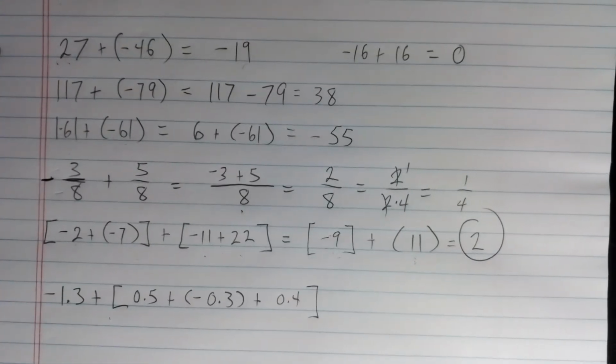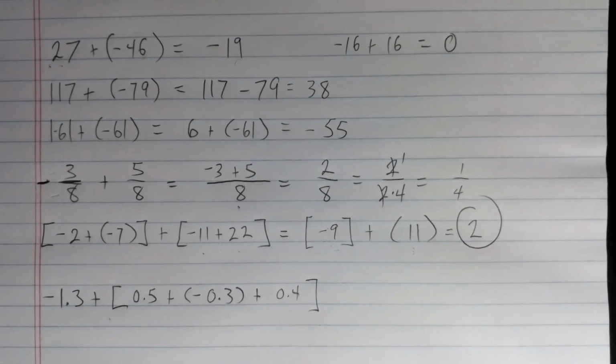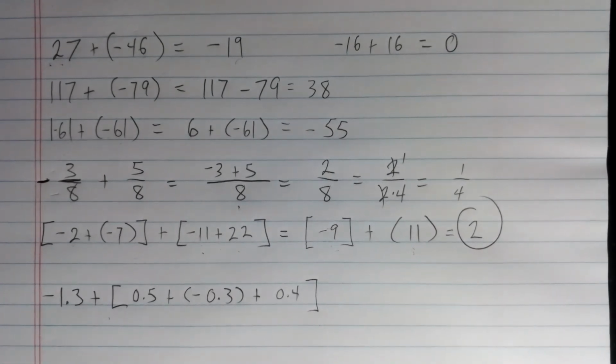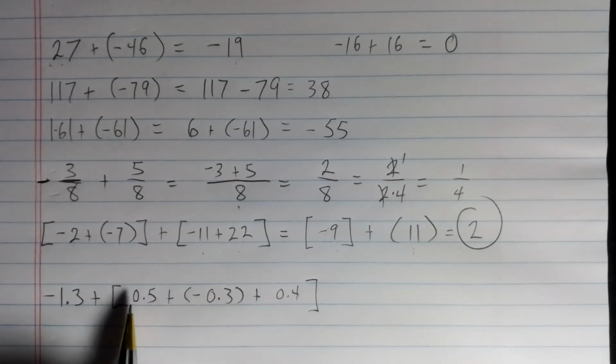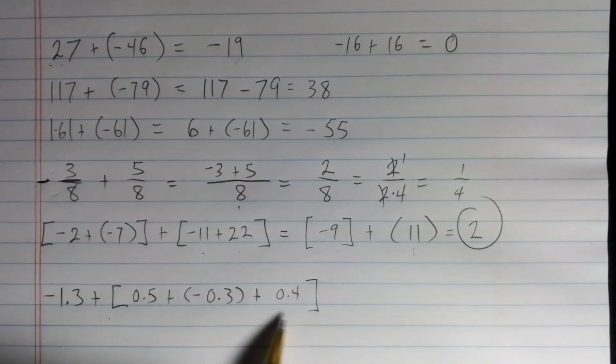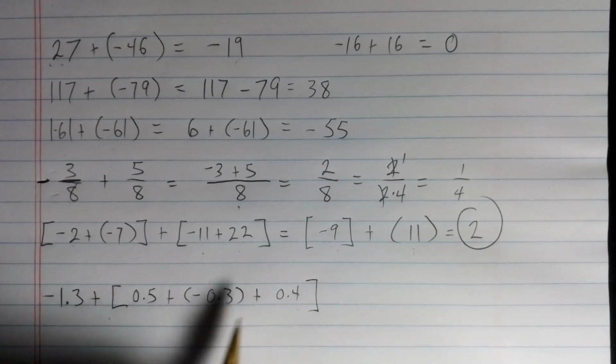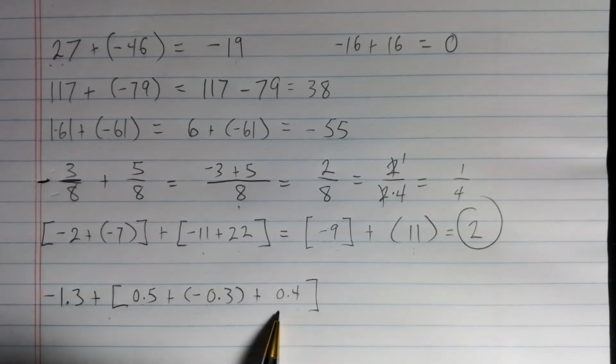Alright, so here's my next problem, and really this is something where you just need to be very careful about what you're doing. We have decimal points, we have signs here, so let's go ahead and start inside here and see what we get. I have a 0.5 plus a -0.3 plus a 0.4. I think I'm going to add my 0.4 and 0.5 first.